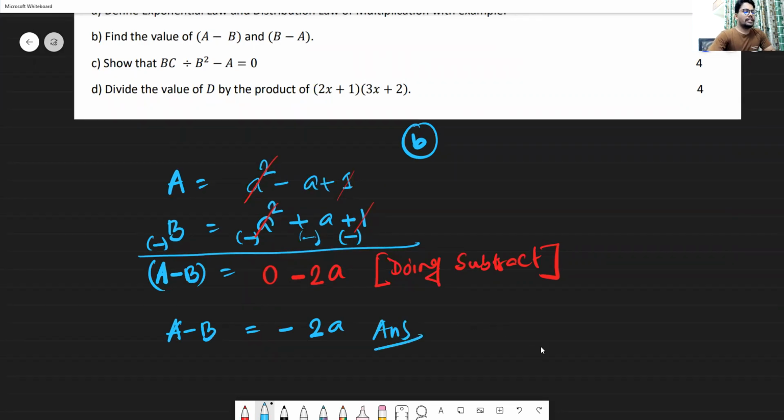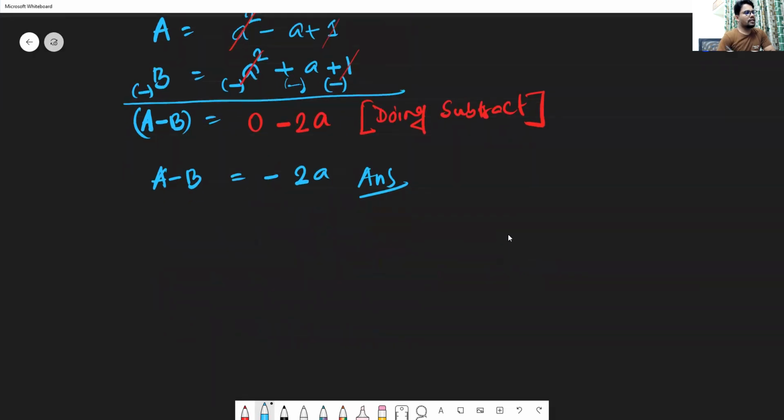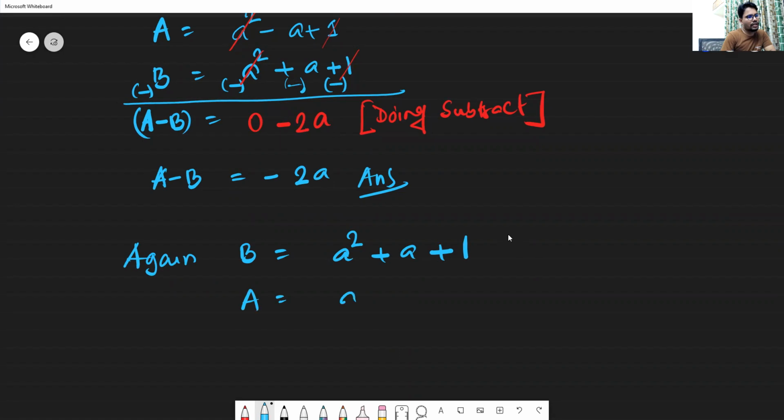Second part, B minus A. So now write here the value of B again. B equals A square plus A plus 1, and A equals A square minus A plus 1.